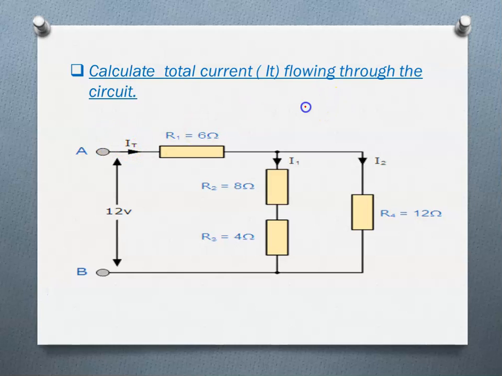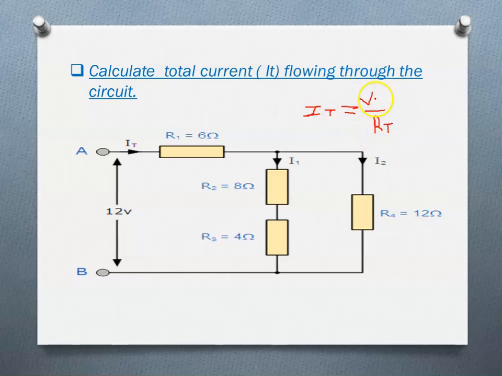The current IT equals voltage V upon the total resistance of the circuit, RT.